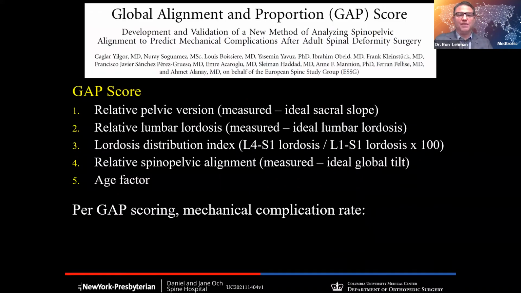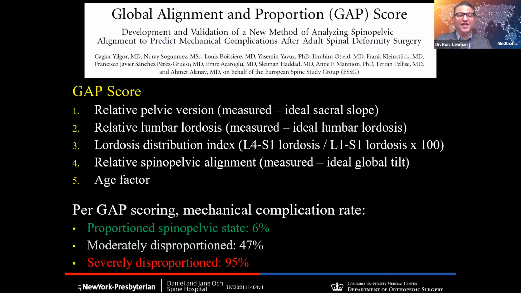In addition, I think the GAP score has continued to highlight that we need to have lordosis, but we need to have it in a certain distribution and really in a certain place in the lumbar spine. So different GAP scores are certainly different. We know in terms of mechanical complication, you can have a severely disproportionate GAP score and your risk of failure is incredibly high. We also know that the lordosis distribution index helps us look at where we need it.